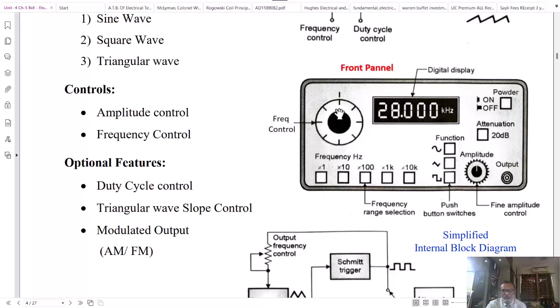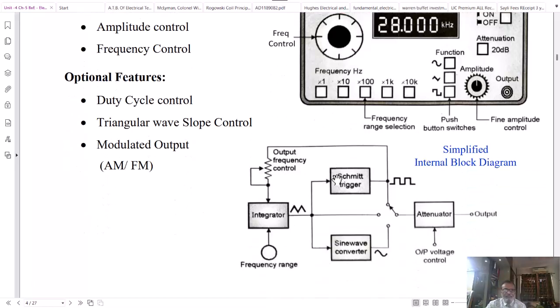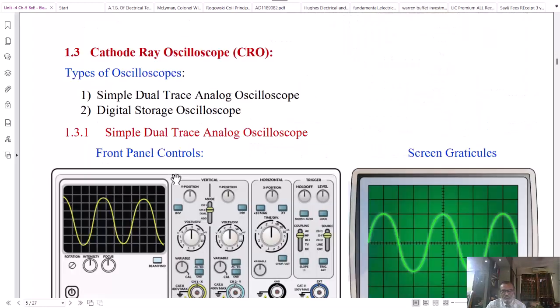So this knob changes the frequency of the generated waveform, and this second control knob provides an amplitude change. The optional features a function generator can provide are the duty cycle control feature, a triangular wave slope control feature, and some function generators can provide modulated output called amplitude modulation and FM modulation output.